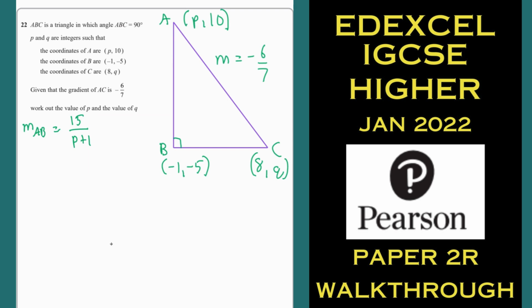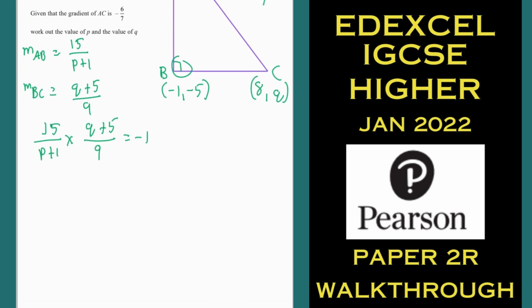Now let's do the gradient of BC. Again, changing y's, so let's do Q -5, and changing x's, 8 -1. Now we know they are perpendicular, which means we know that when we multiply them, we get -1.